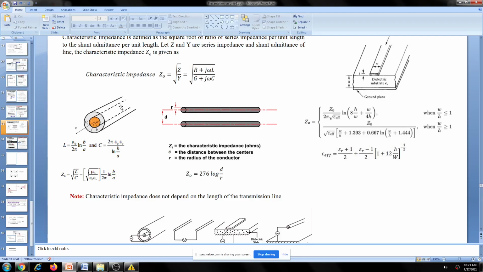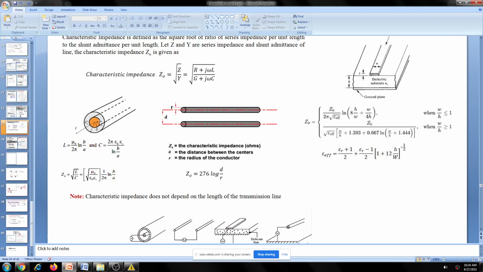For example, if you take a coaxial cable, its inductance is given by this equation. It depends upon the radius of the inner conductor, A, and the radius of the outer conductor, B. This gives the inductance per unit length.